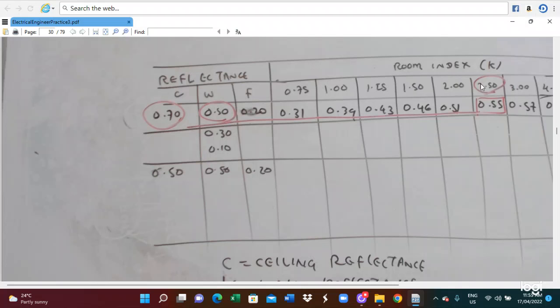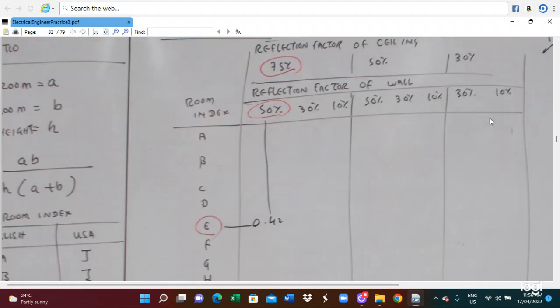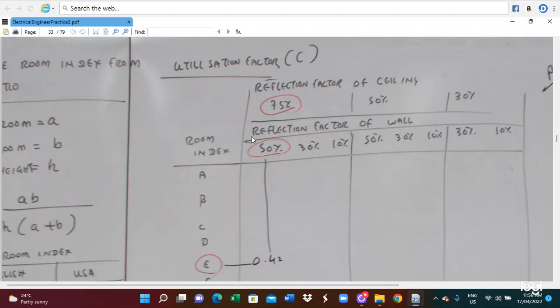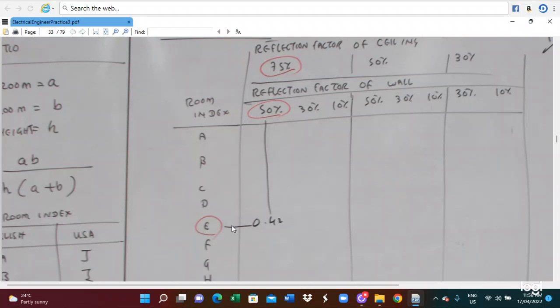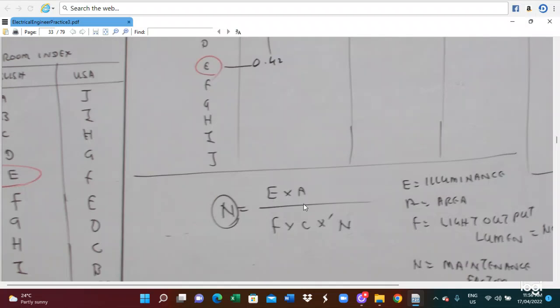Depending on the reflection value and the room index, you can get the utilization factor from this table. Here the reflection factor is 50%, the room index is E, so from this table you get the utilization factor 0.42.